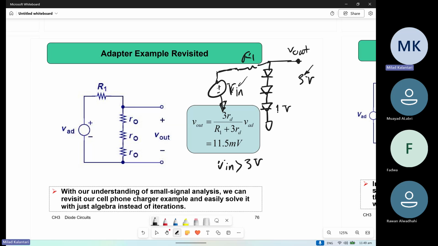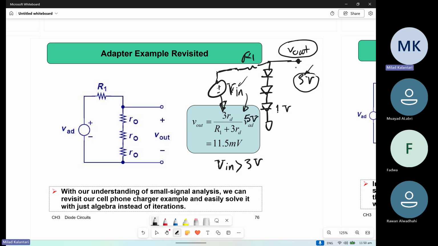But after this point, these diodes are turned on, right? And then we are assuming that the 3-volt output voltage is almost fixed, right? But in practice, if we want to really know how much the V out is changing while the V in changes, let's say you are biasing the V in at 5 volt, right?